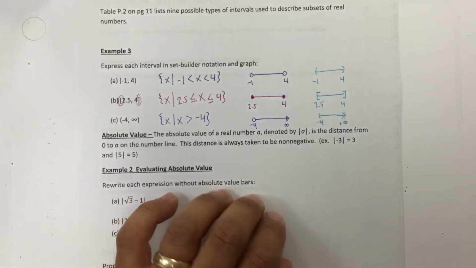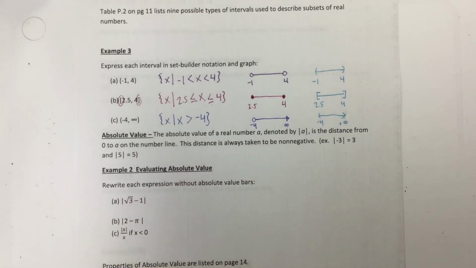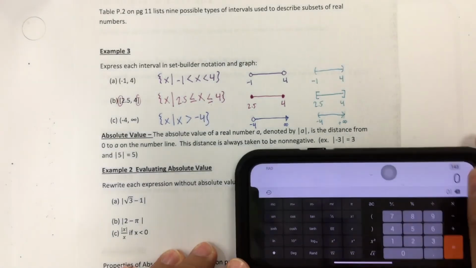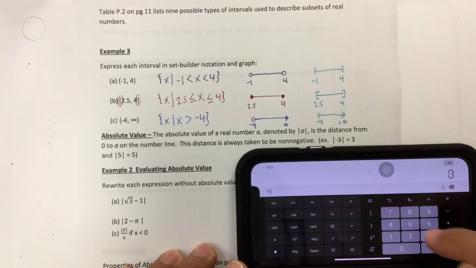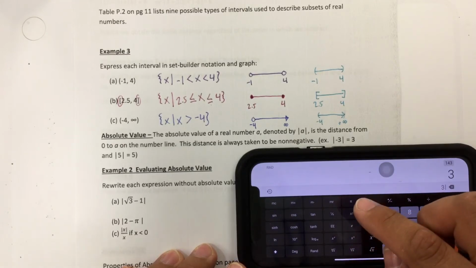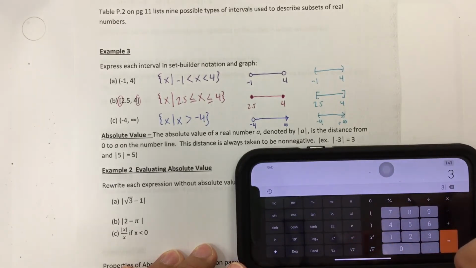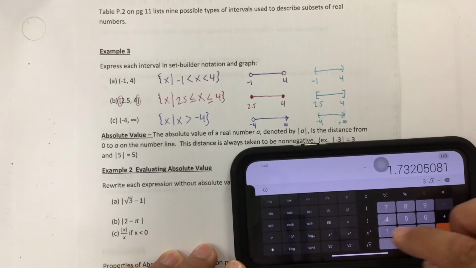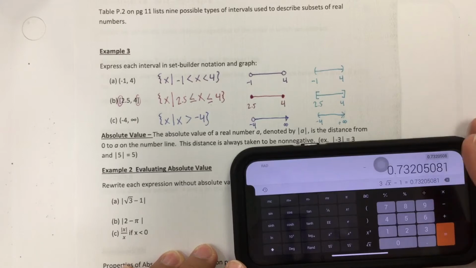Let me see if I can give myself a decimal here. I'm going to have to use a calculator here. Where's the square root of 3 minus 1?